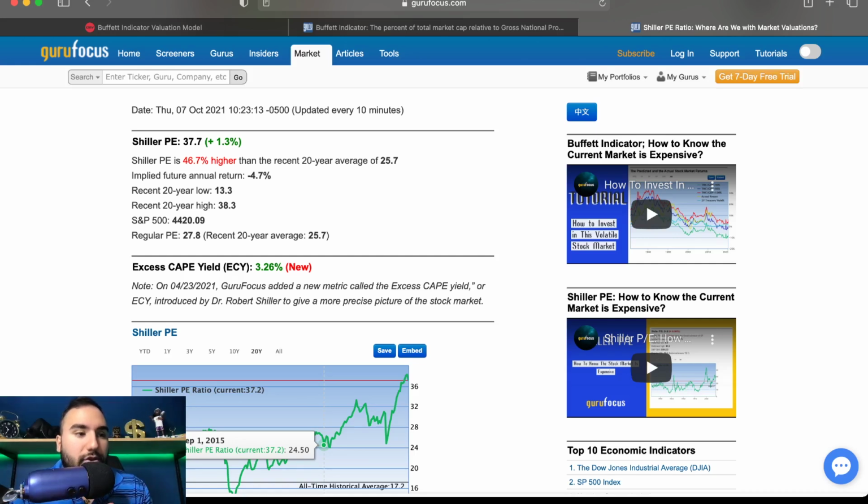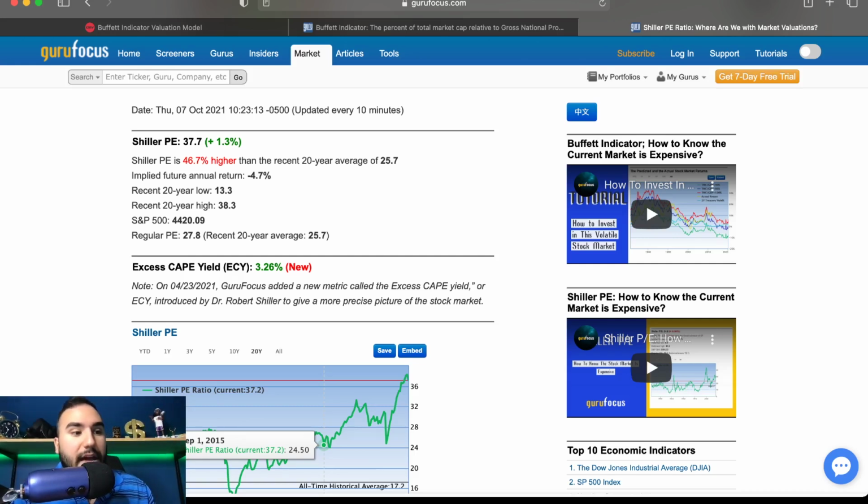This is a valuation measure usually applied to the U.S. S&P 500 equity market. It is defined as price divided by the average of 10 years of earnings. It's kind of a moving average indicator adjusted for inflation, and is calculated as follows. Take the annual EPS of an equity index such as the S&P for the past 10 years and adjust these earnings for inflation using the CPI, adjusting the past earnings to today's dollars.